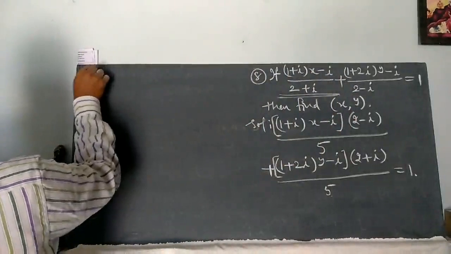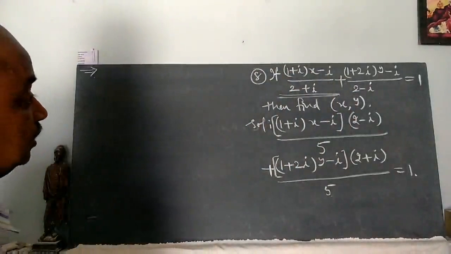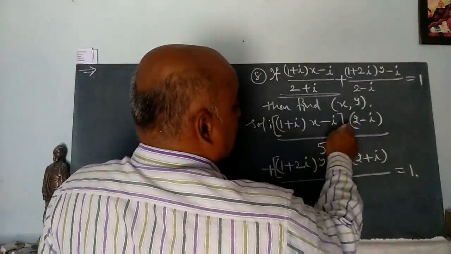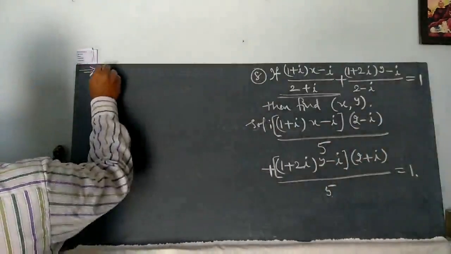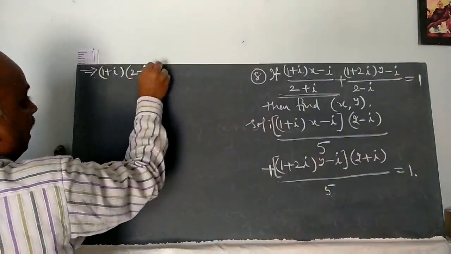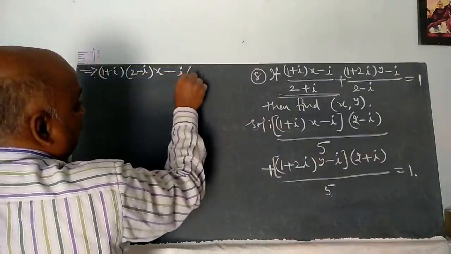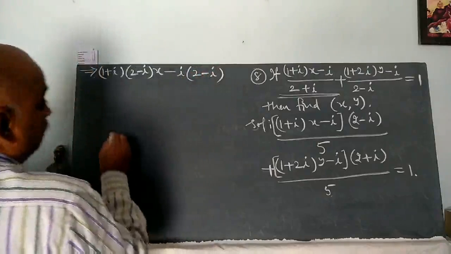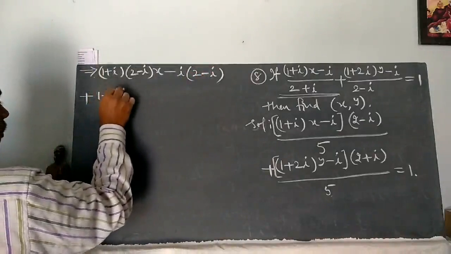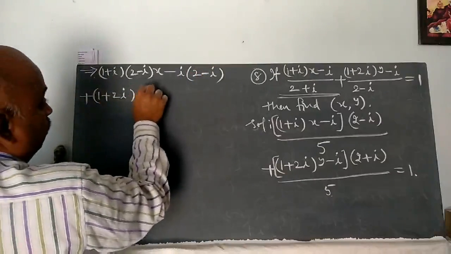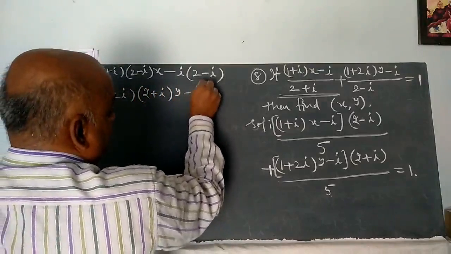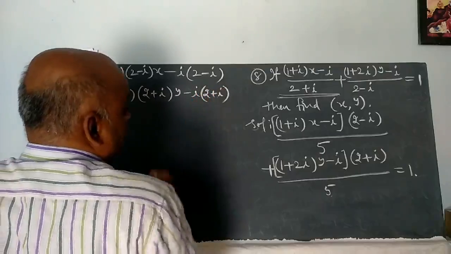So this implies (1 + i)(2 − i)(x − i)(2 − i) plus (1 + 2i)(2 + i)(y − i)(2 + i).